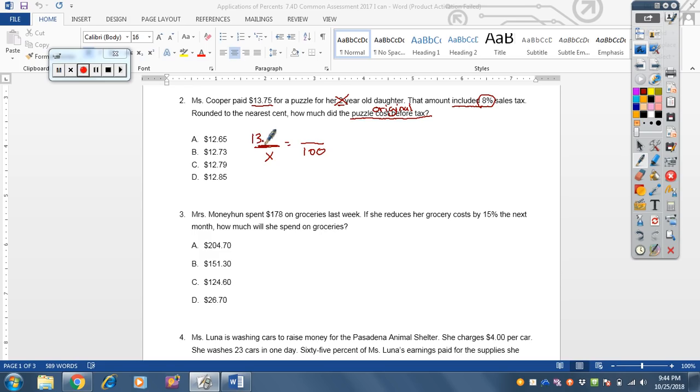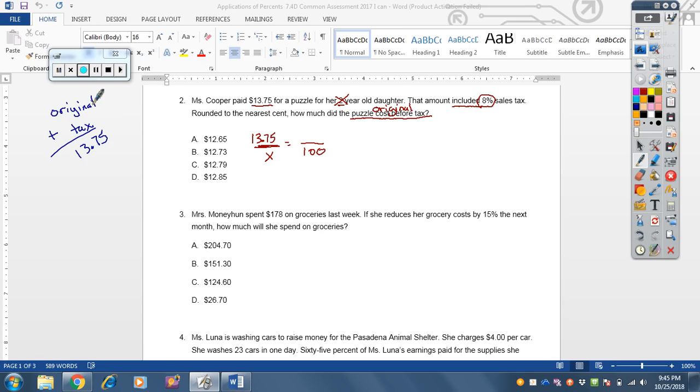This is going to go up here, but it's also not 8%. This $13.75, that's the original price plus the tax equals $13.75. So here's how we're going to decide what our percent is.